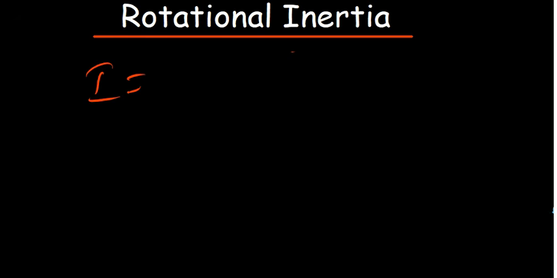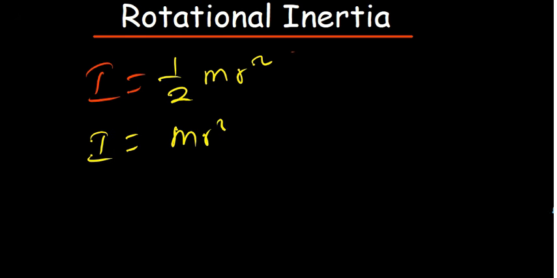But what you should know is that the general formula for inertia is mr squared. If they ask you the inertia of a disk, it is half mr squared. The inertia of a body, maybe of a person, is given by mr squared. There is no half.